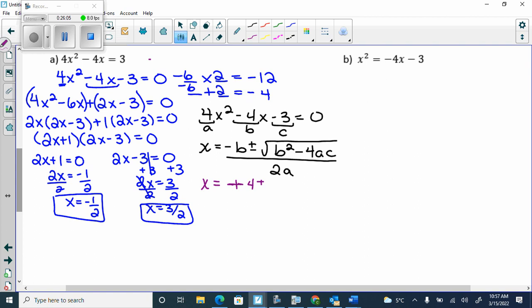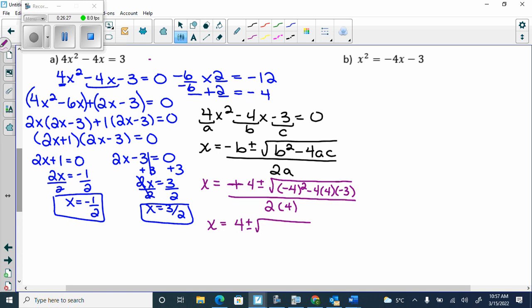Then we get plus or minus the square root of negative 4 squared minus 4 times negative 3, the entire numerator over 2 times 4. So we're going to get x equals 4 plus or minus, and then I told you to do what's in the bracket, right?